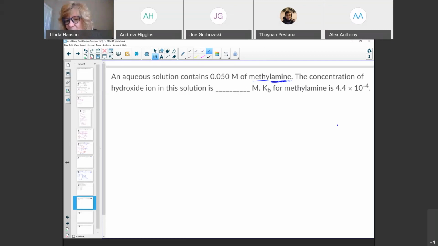Even if I don't know the formula for methylamine, that's okay. I just use the letter B to represent base. And so I can set up the hydrolysis by simply showing a conjugate pair between BH positive and OH negative.